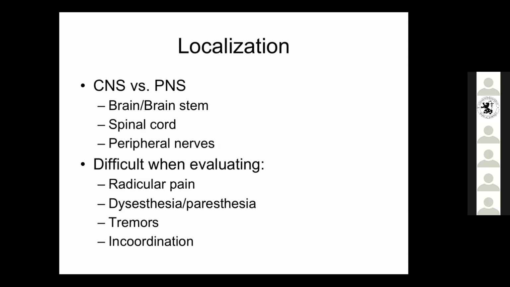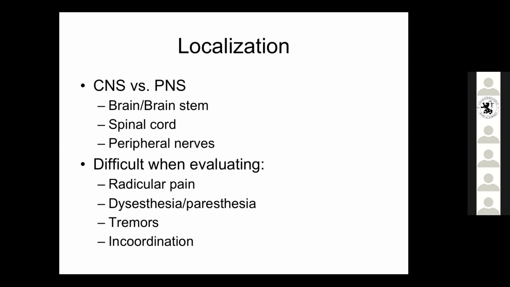Localization of a problem can be within the central or the peripheral nervous system. It means brain, spinal cord, or peripheral nerves. And it's difficult when evaluating if the localization is central or peripheral when a patient has radicular pain, dysesthesias, paresthesias, tremors, and incoordination.